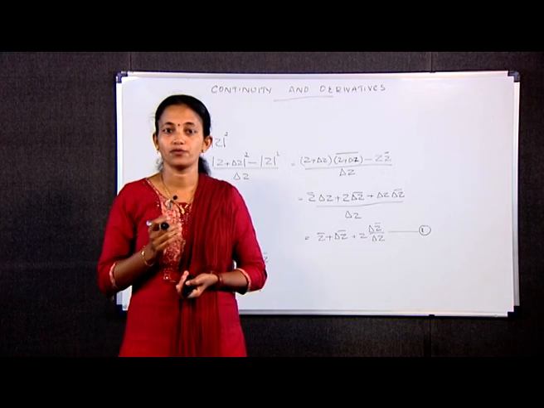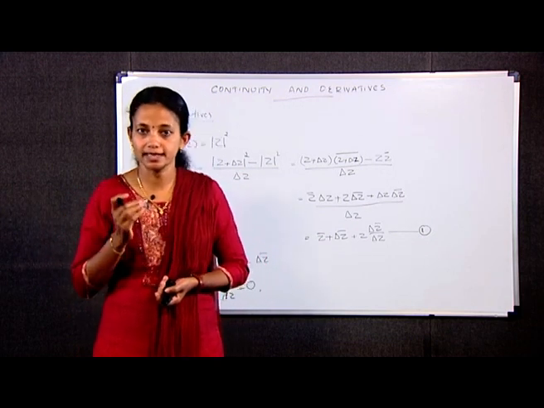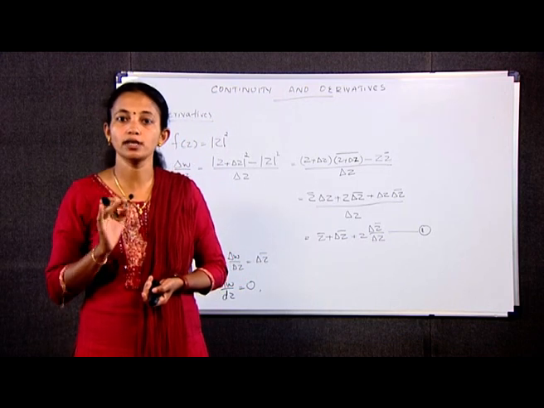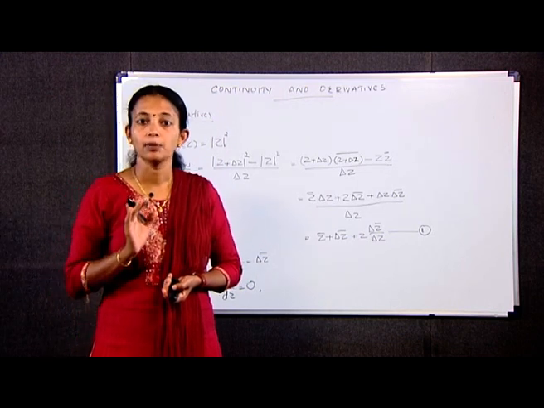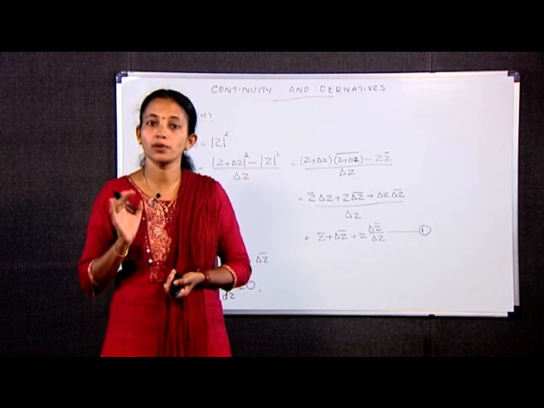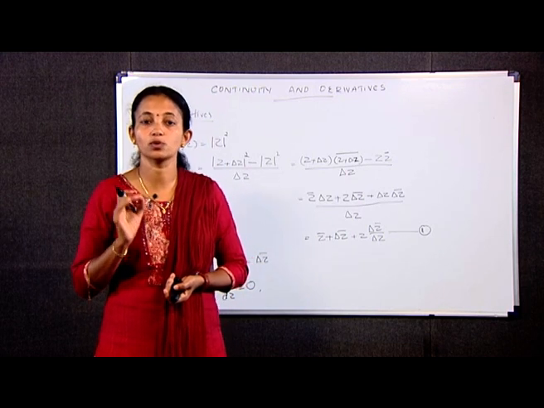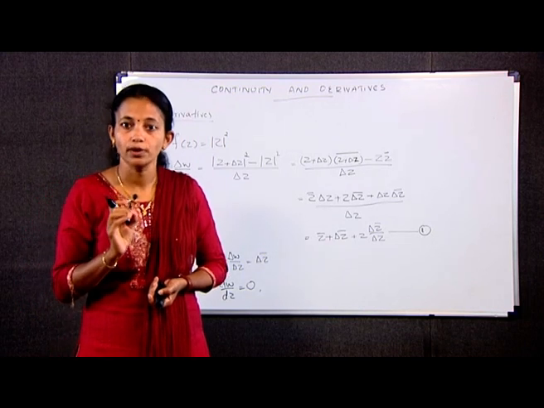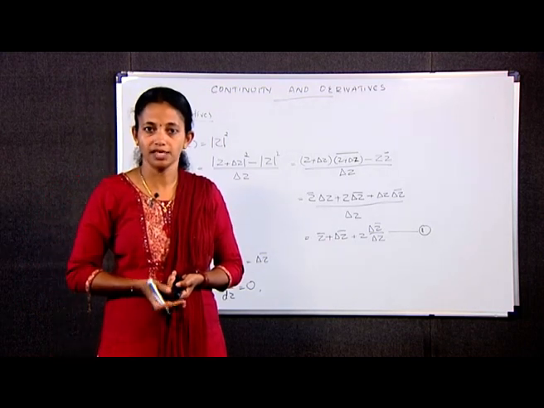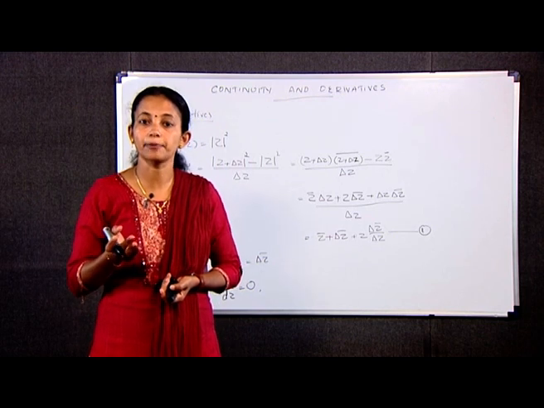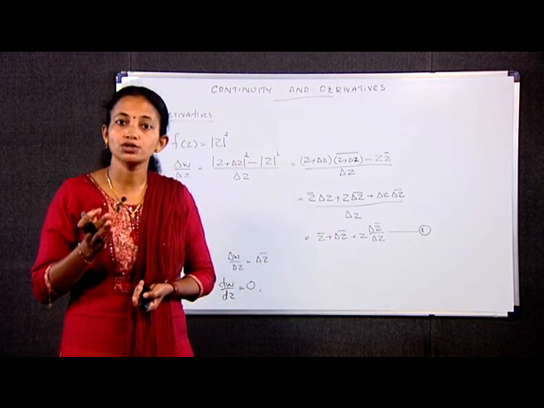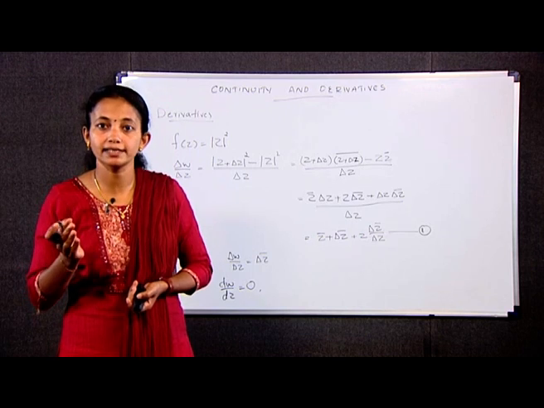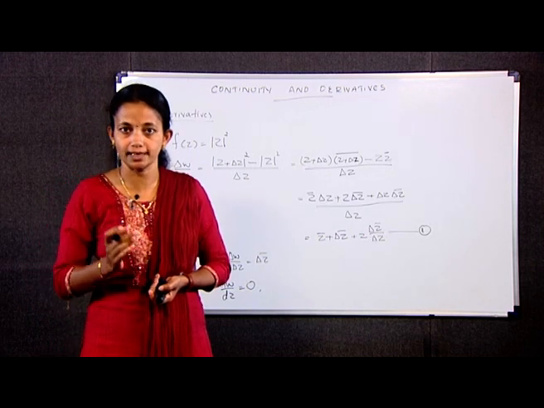If the limit of delta w by delta z exists when z is not equal to 0, that limit may be found by letting the variable delta z equal to delta x plus i delta y approach 0 in any manner.